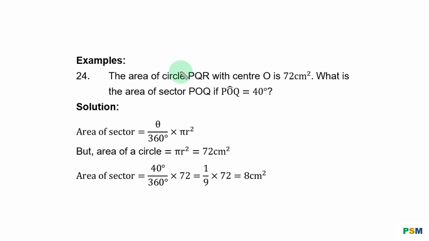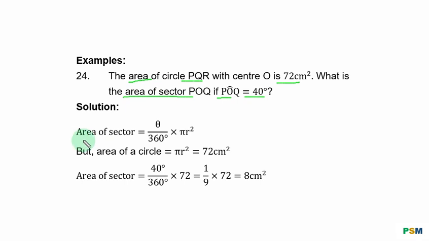Example 24. The area of circle PQ with radius r and center O is 72 square centimeters. What is the area of sector POQ if angle POQ is equal to 40 degrees?